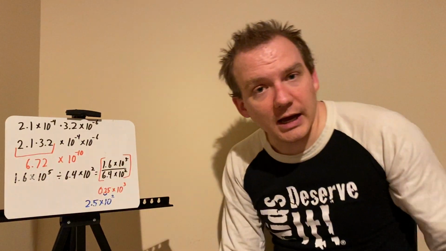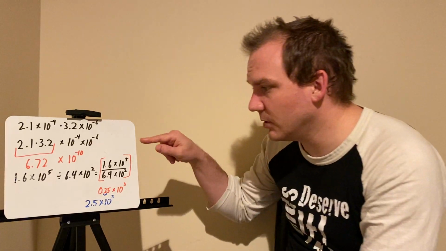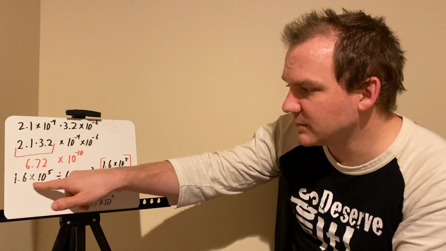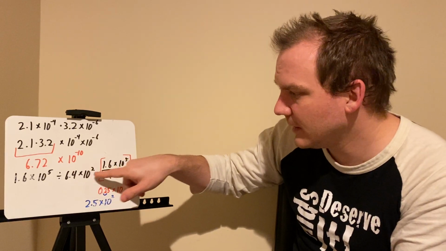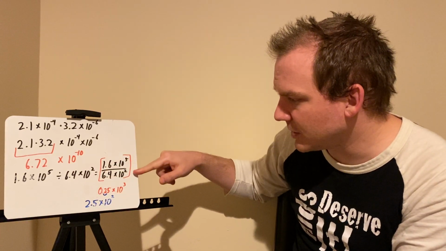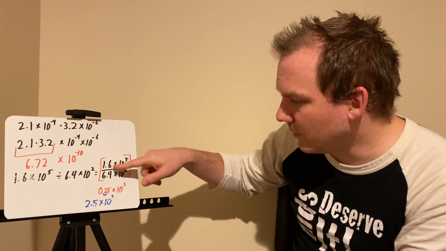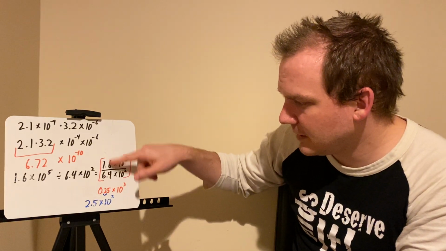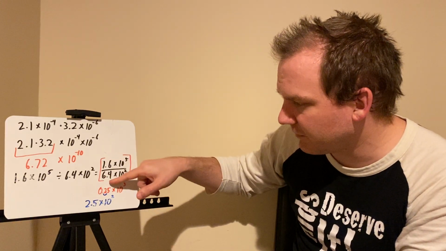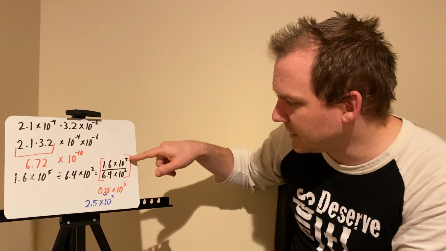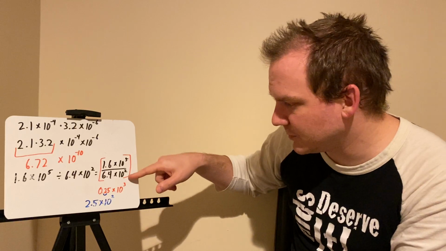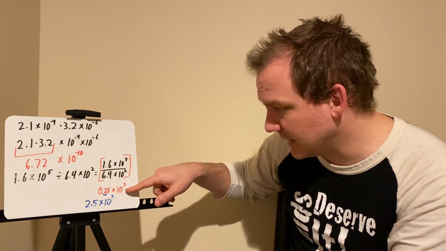With the division, I recommend you write it like a fraction. So instead of doing 1.6 times 10 to the 5th divided by 6.4 times 10 to the second, I put them on top of each other like this. And so then I'm lined up and I can just divide my mantissas. 1.6 divided by 6.4 is 0.25. And 10 to the 5th divided by 10 to the second, I just subtract my exponents and I get 10 to the 3rd.